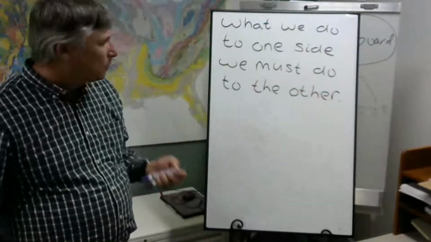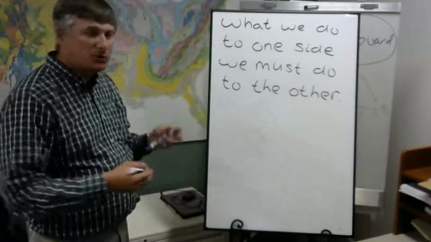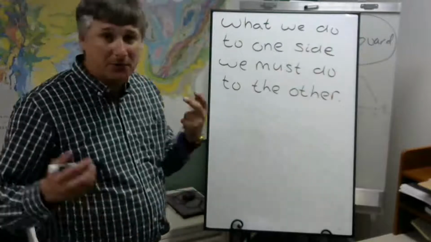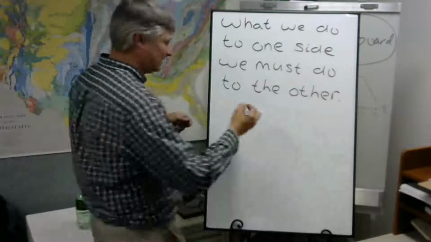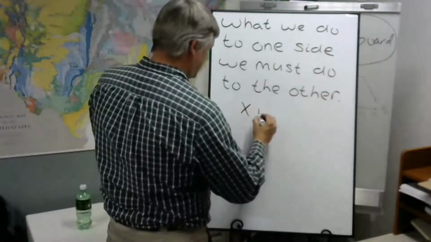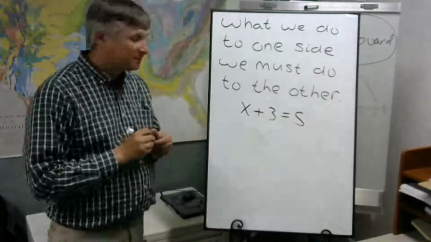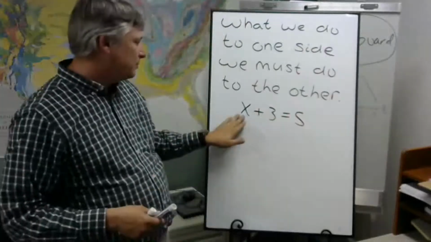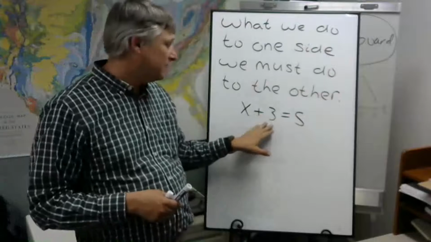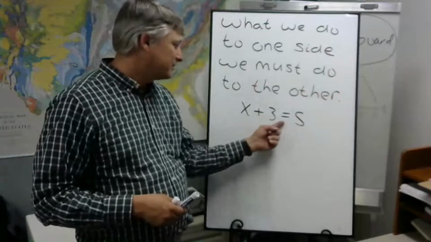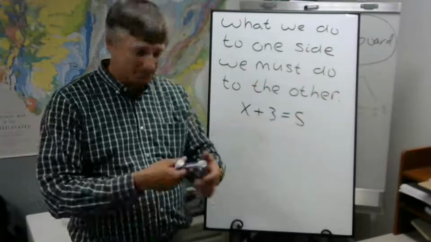Now, the way we're going to solve for x, we can do this in a shorthand. We don't have to draw scales every time. So our x plus 3 equals 5. So this is the x weight. Here's 3 additional pounds of sand, and this is balanced by 5 pounds of sand.